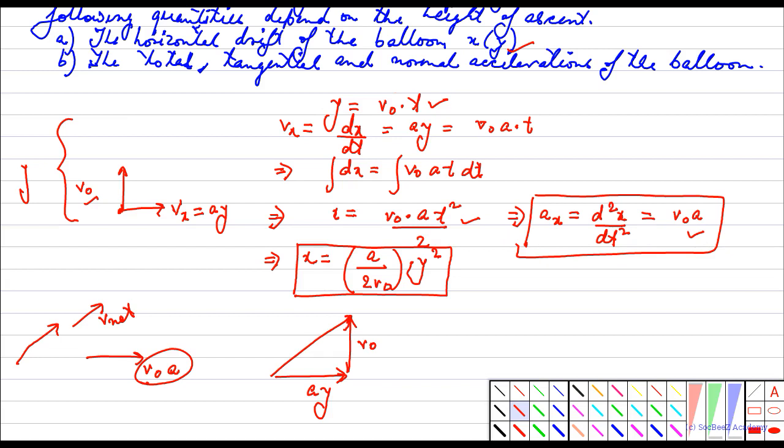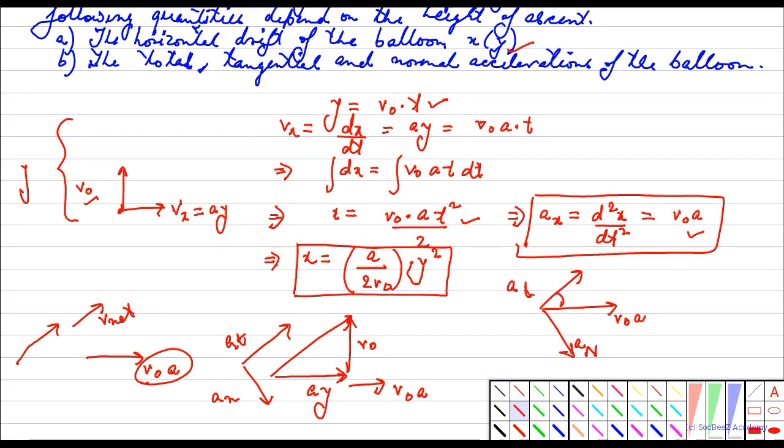The same is going to be the direction of the tangential acceleration, and perpendicular to it would be the normal acceleration, and the actual acceleration is directed along the x-axis, whose magnitude is given by v0 into a. So basically v0 into a, that is the net acceleration, is going to have two components, one normal component and one tangential component. And this angle is basically going to be alpha.